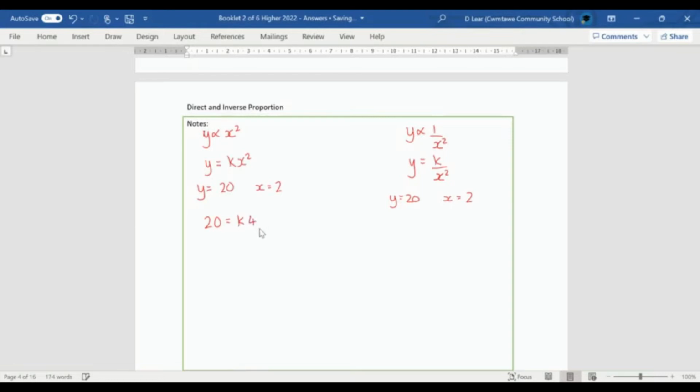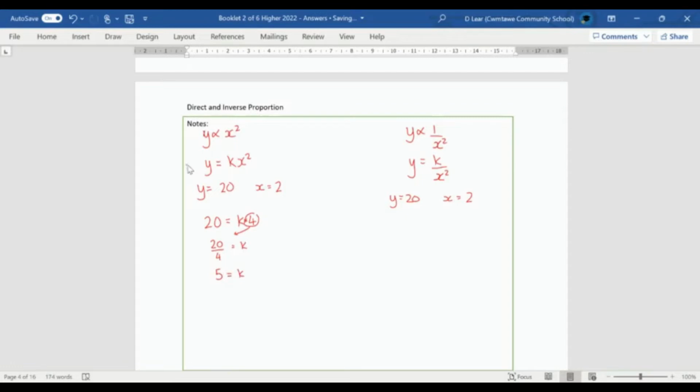I don't like k4. You could put a times in between them, or you could write them the other way around as 4k, but as long as we realize that that is k times 4, I guess we're all right here, okay? If I wanted to find what k was, I would want to take this times 4 over here, though, and divide by it to get k. So 5 equals k, right?